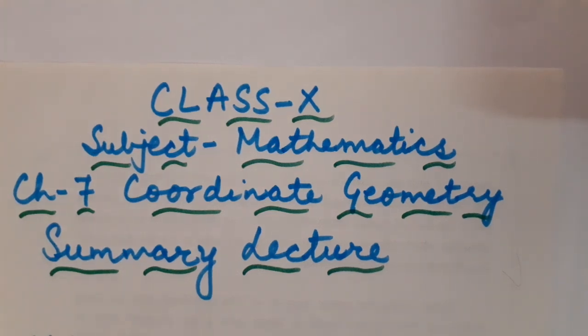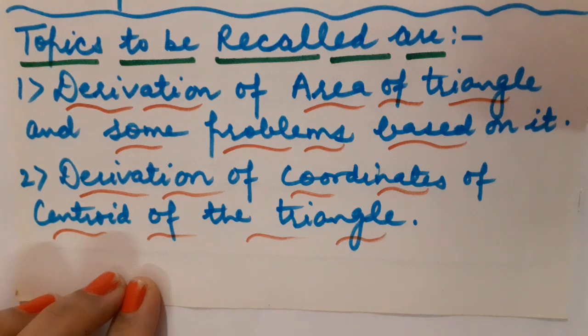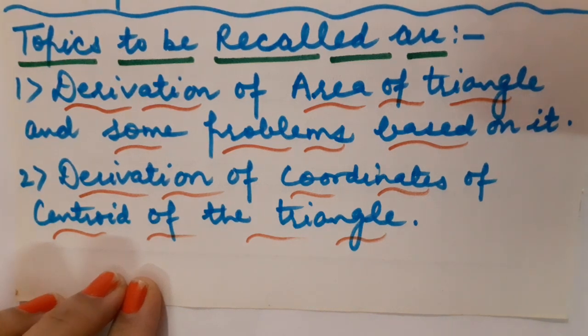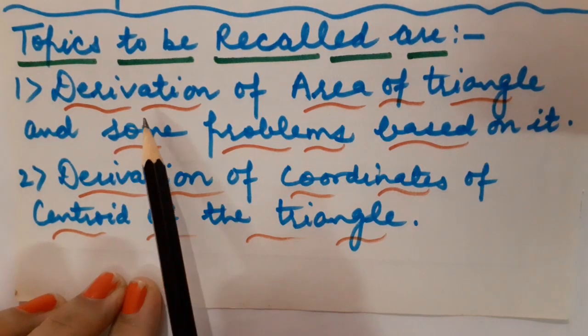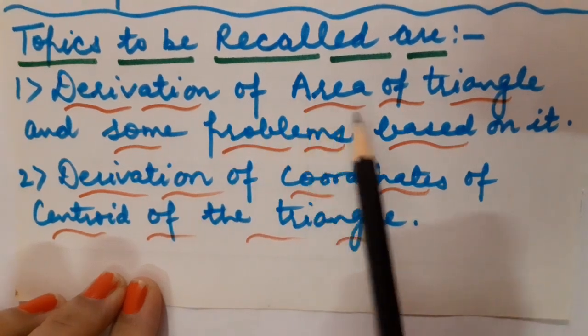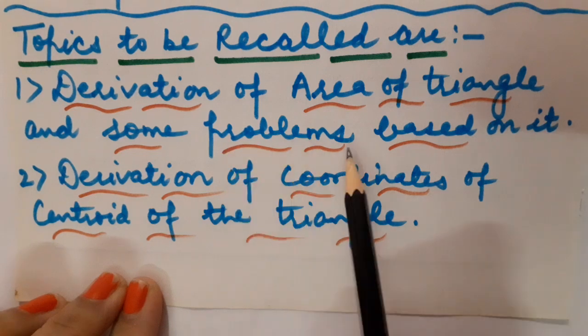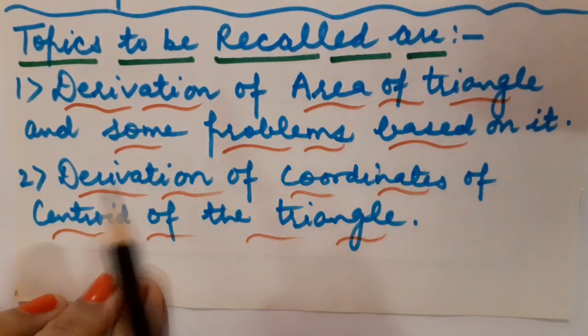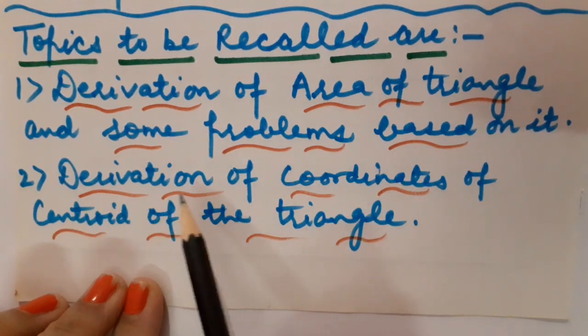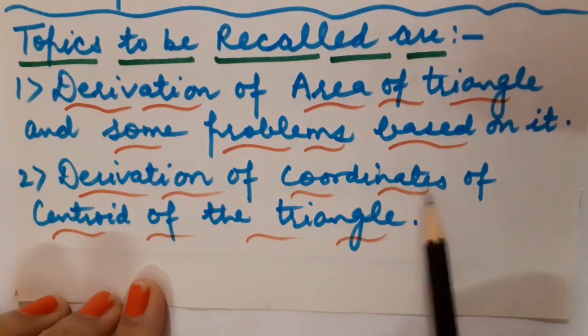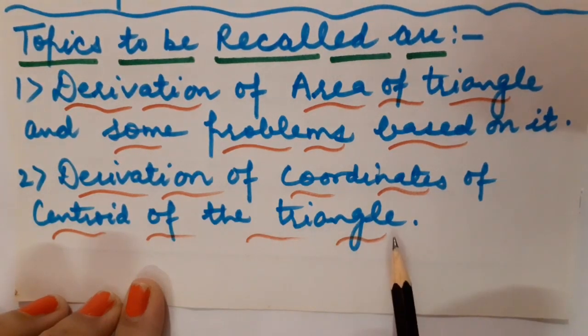Fine, students? So children, in today's summary lecture, the topics which I am going to make you recall are: number 1, derivation of area of triangle and some problems based on it. And the second topic is derivation of finding the coordinates of the centroid of the triangle.